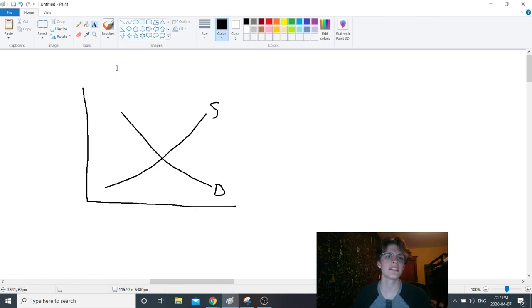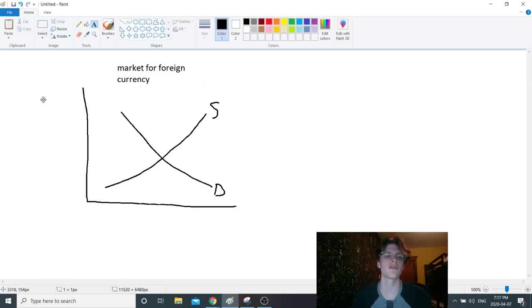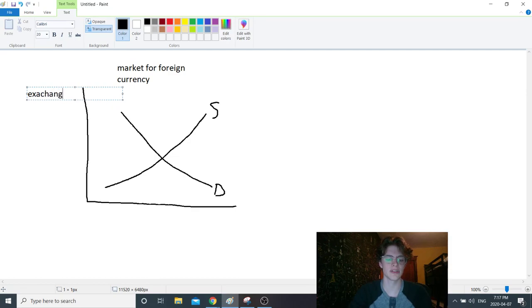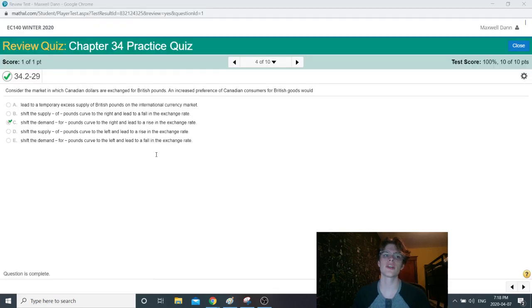This is the market for foreign currency, and it's measured against the exchange rate and the number of units of currency. So this is foreign currency. So if we are Canada, this is, in this case, British pounds. So what it said in the question was that we want more British goods.